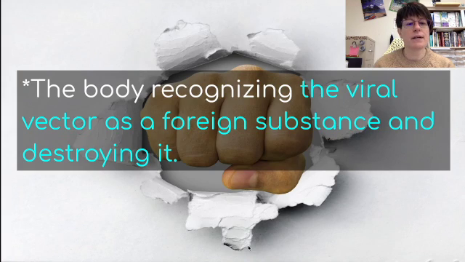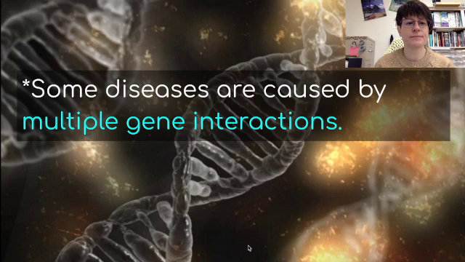The body recognizes the viral vector as a foreign substance and destroys it. So part of our immune system's job is to identify viruses and destroy them. Now, the first time the virus is introduced, it may be just fine, but it's the second time, when the immune system recognizes it faster, that there could be an issue, and so then it does nothing.